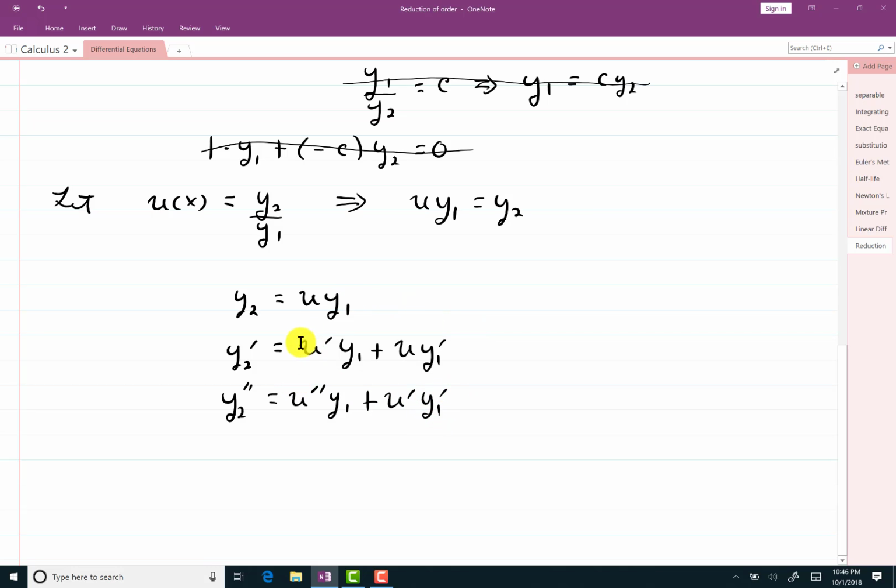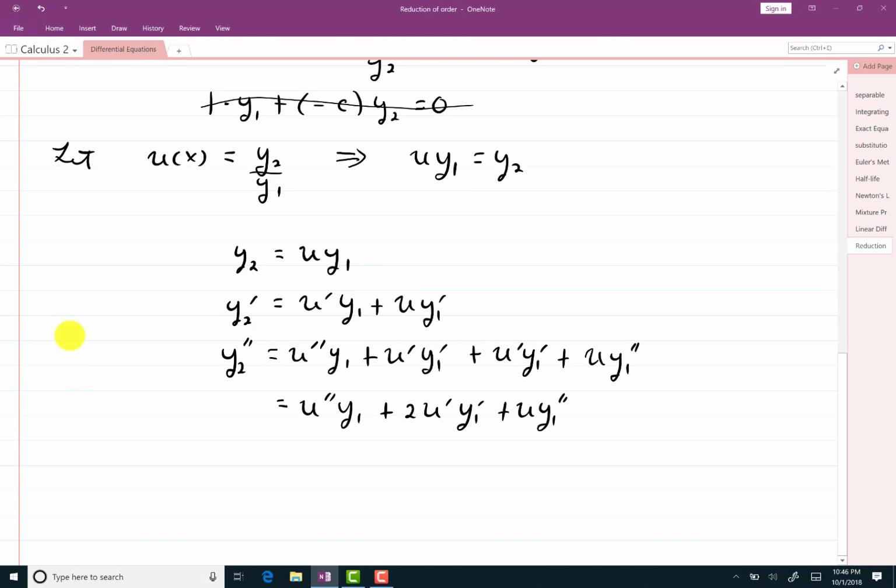That takes care of the product rule for those. And then over on the other piece, we'll have u prime y1 prime plus u y1 double prime. I'll simplify that just a little bit: u double prime y1 plus 2u prime y1 prime plus u y1 double prime.